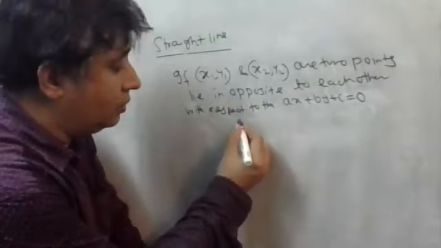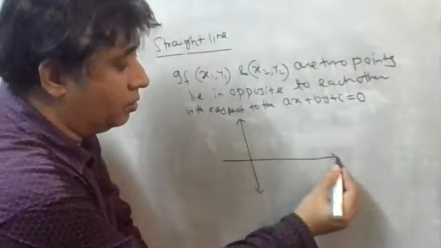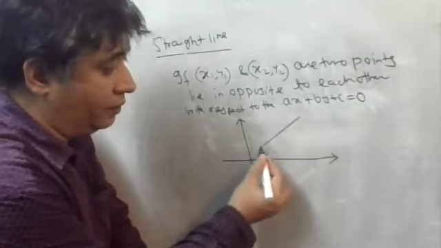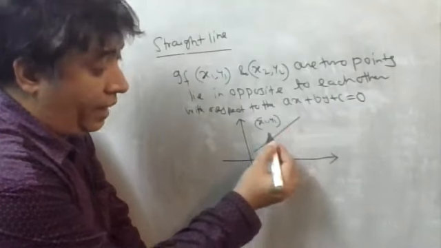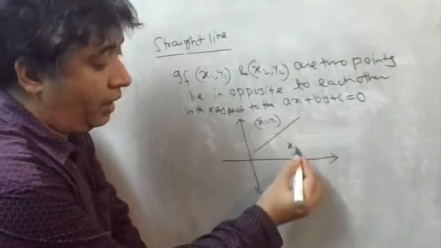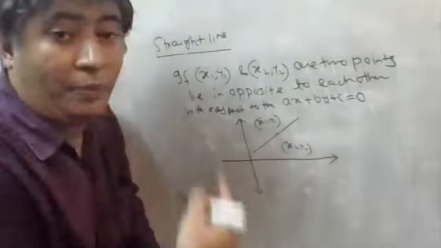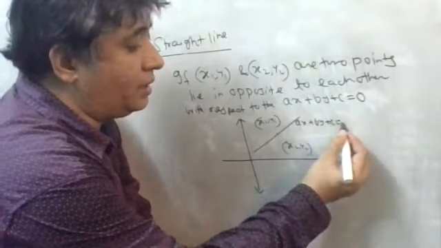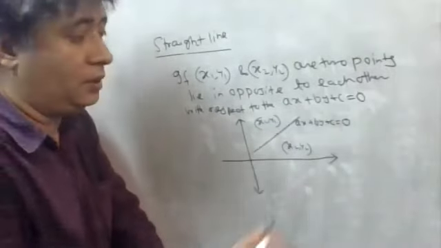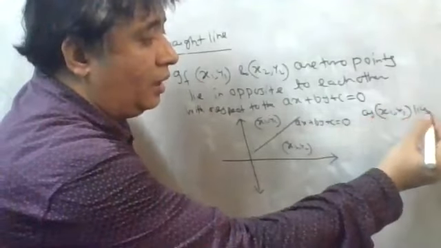See, this is the line. x1, y1 lies above the line and x2, y2 lies below the line. Now, this line is ax plus by plus c is equal to 0.